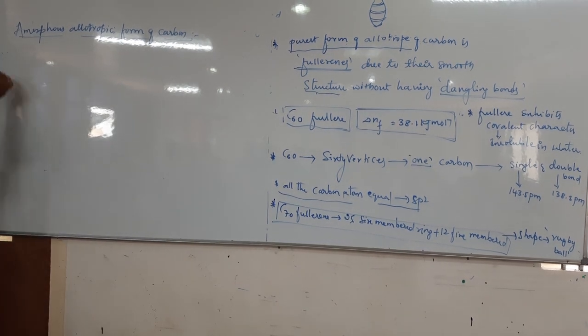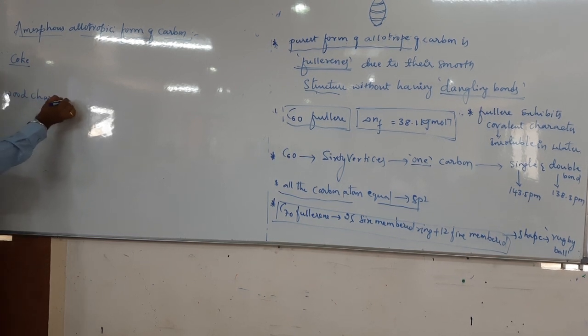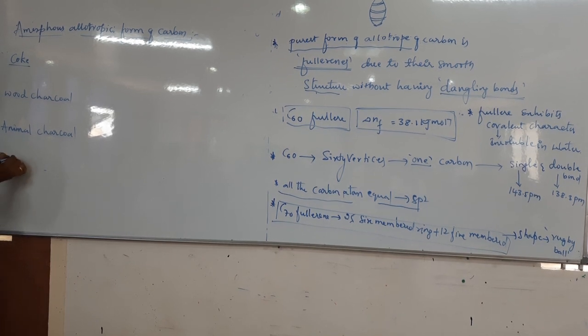Okay, so I can say the first is coke. Second one is wood charcoal. Then animal charcoal, sugar charcoal, and lamp black.